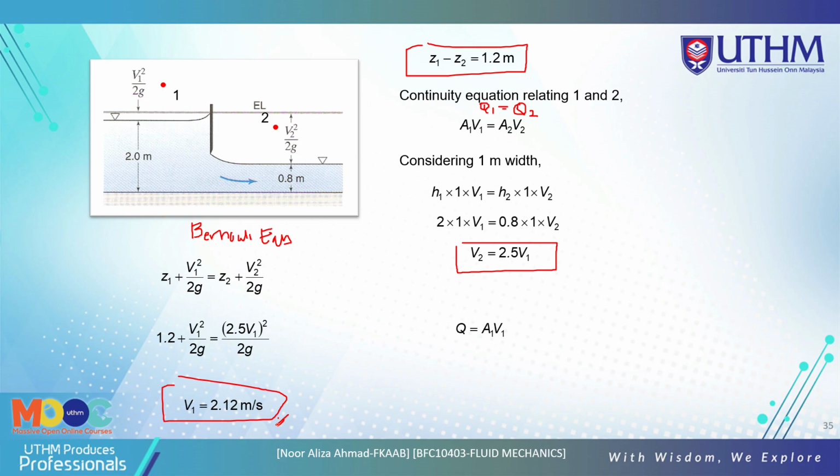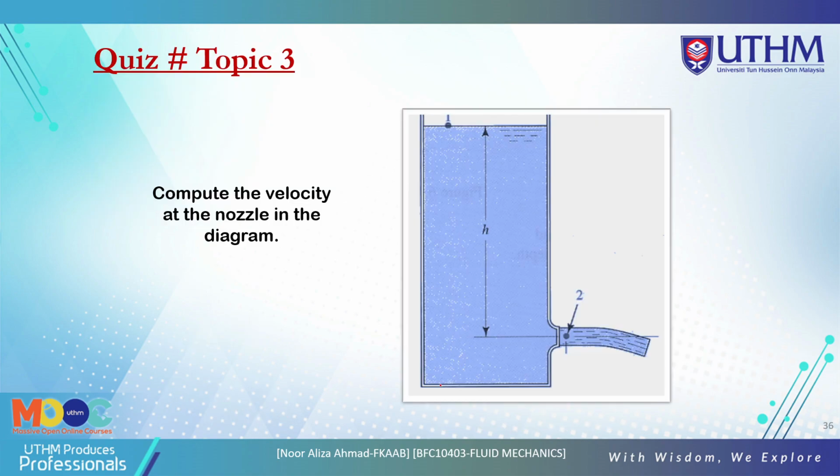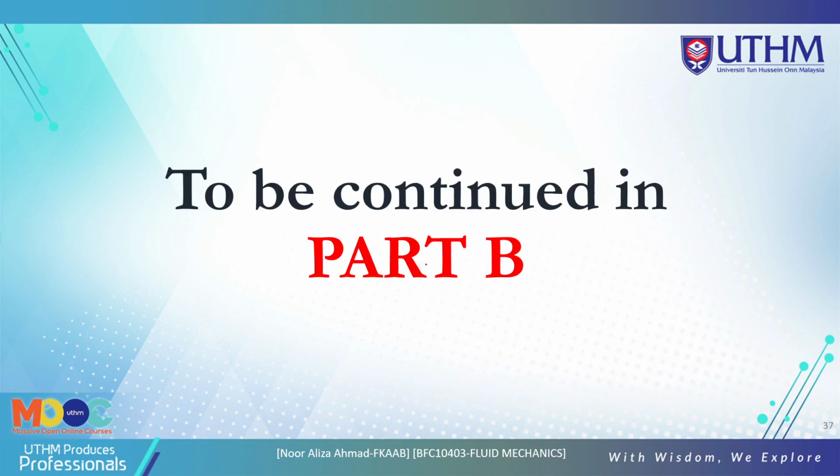After you get V1, you must find Q. Q is equal to A1 V1. So we get Q is 4.24. After that, this is the squeeze, you can do the squeeze after class. So now to be continued in part B. That's all.